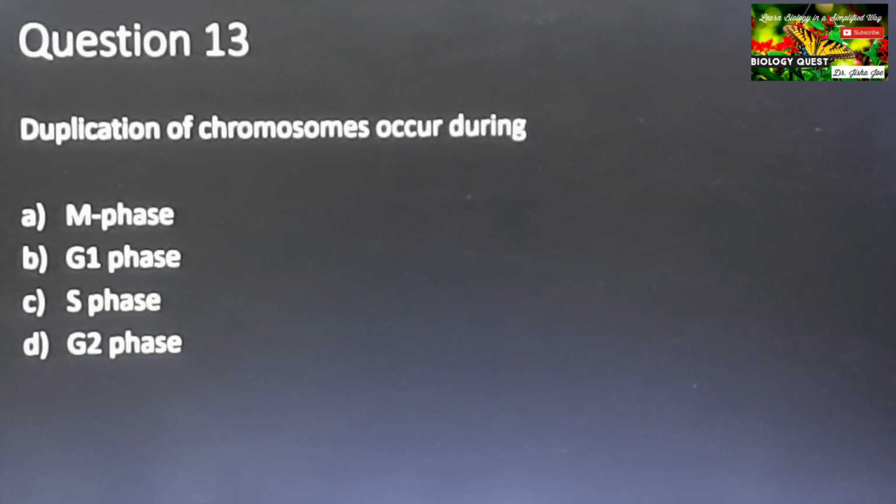Option B is G1 phase. G1 phase is the first growth phase. It is the first phase of interphase, occurring immediately after the formation of a new cell.